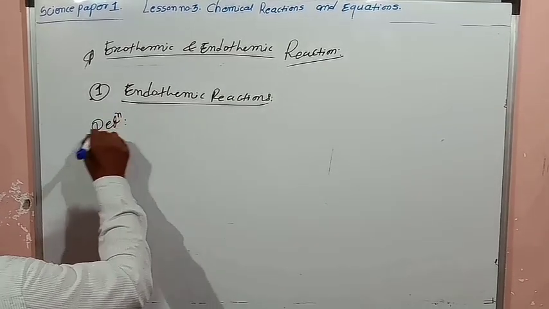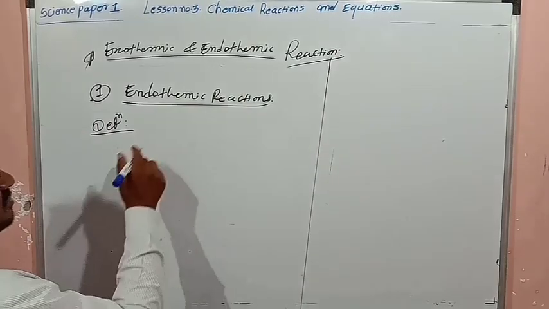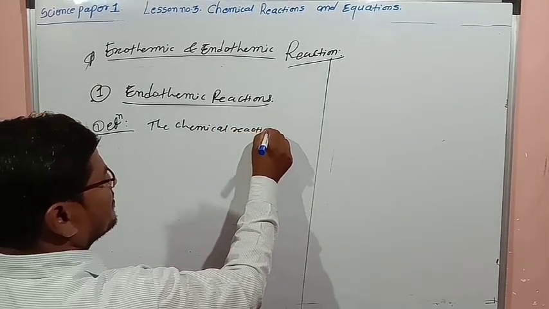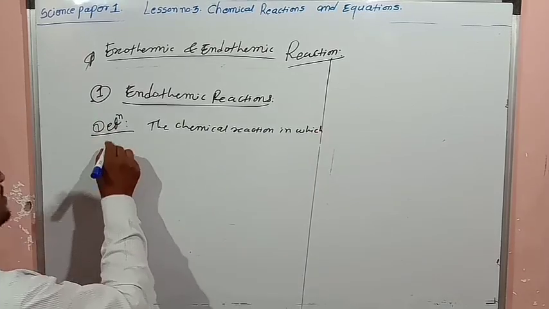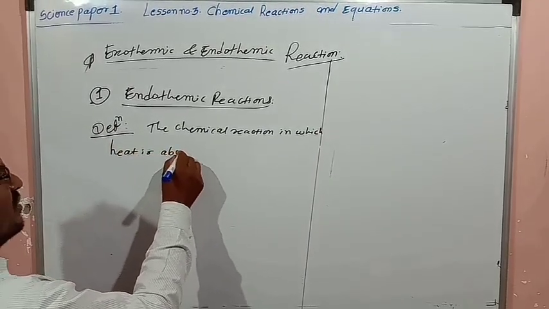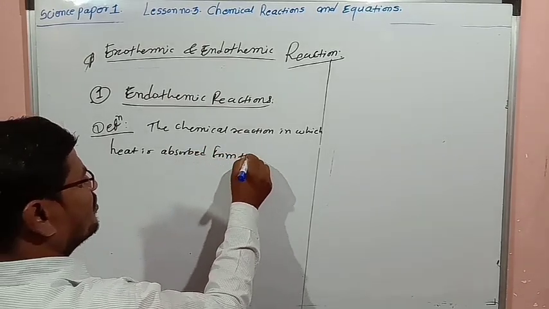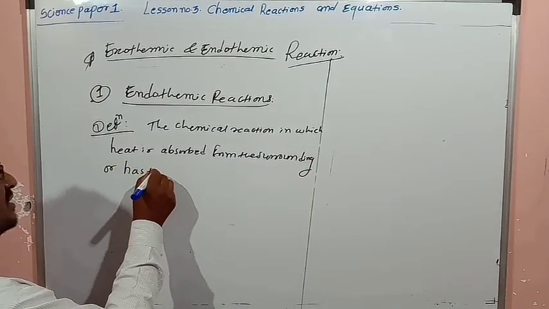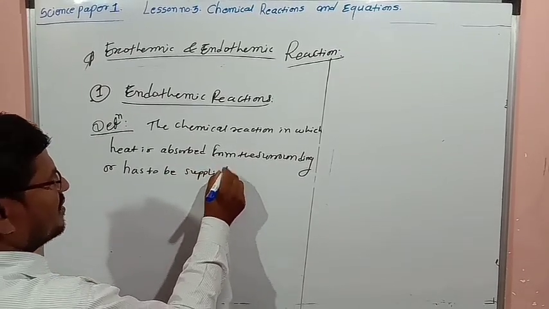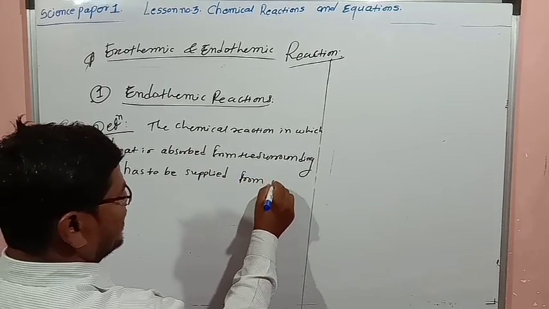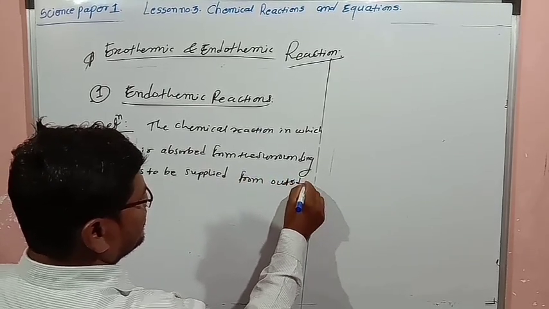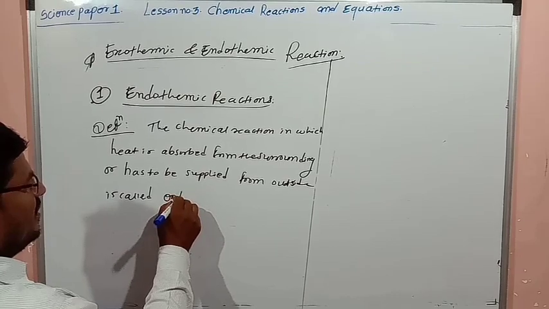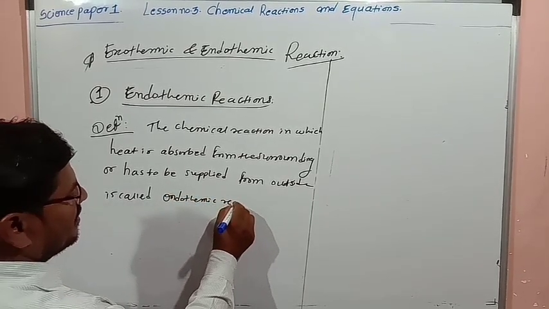What is the definition? In case of the endothermic reaction, the chemical reaction in which heat is absorbed from the surrounding, or has to be supplied from outside, is called an endothermic reaction.